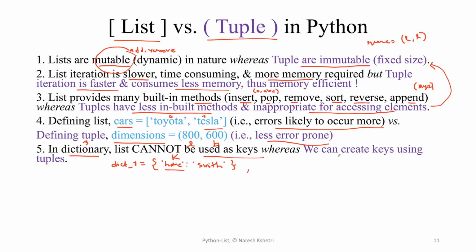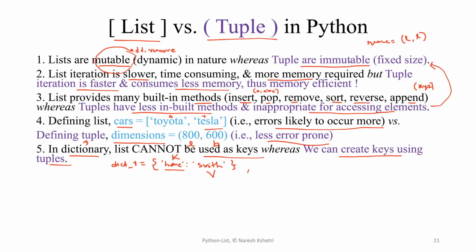Hence we can create keys using tuples only, because the value can be mutable, but the key should be immutable in nature. So while creating a dictionary, tuples can be used as keys, but lists cannot.